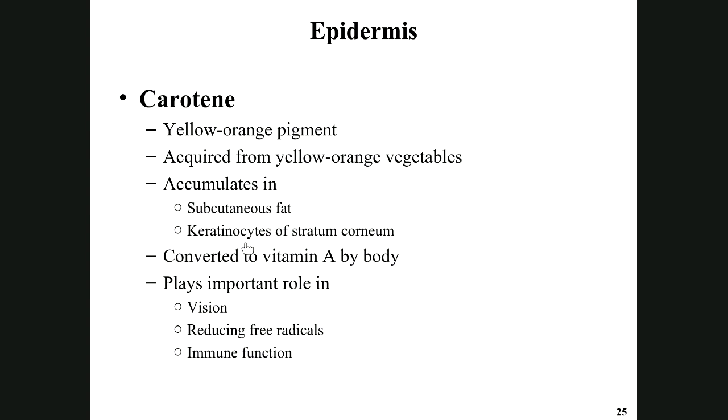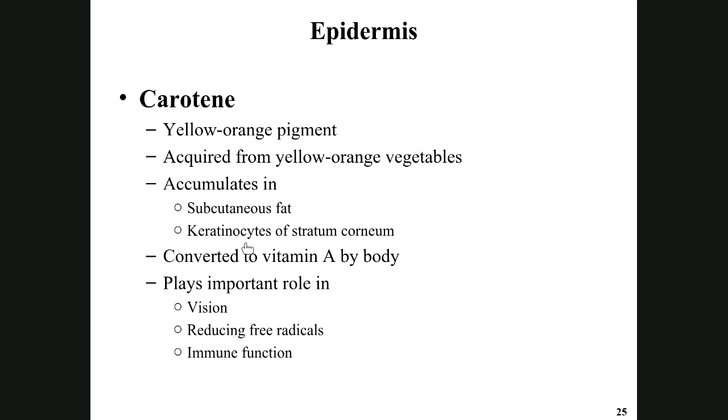Jaundice is a disease due to a problem in the metabolism and breakdown of bilirubin. I will talk about it later. But when you eat carrots or squash, the color of your skin and also the sclera of your eye become yellowish orange.